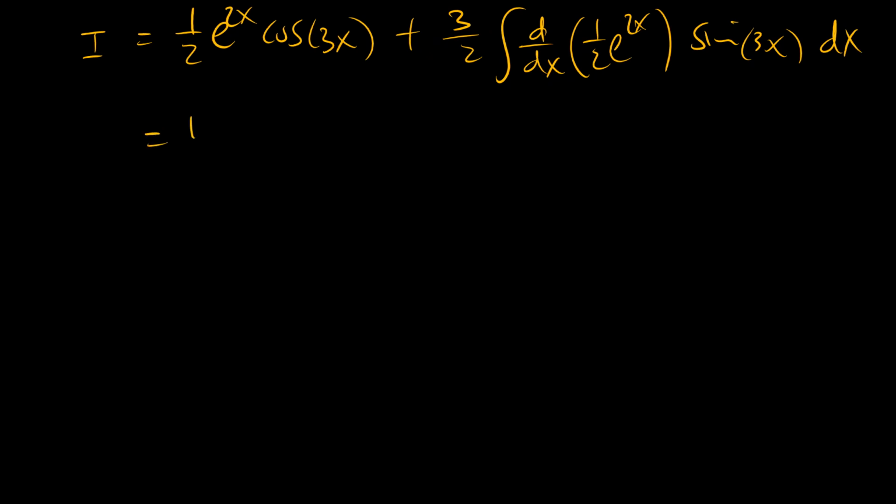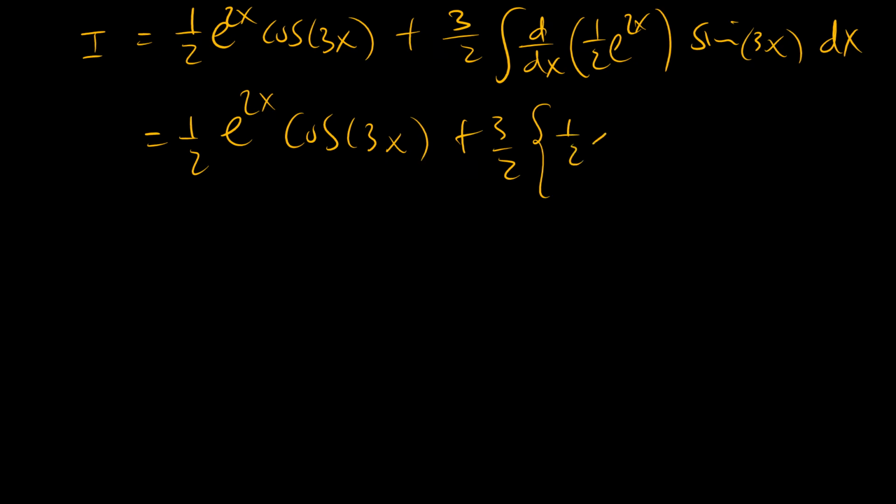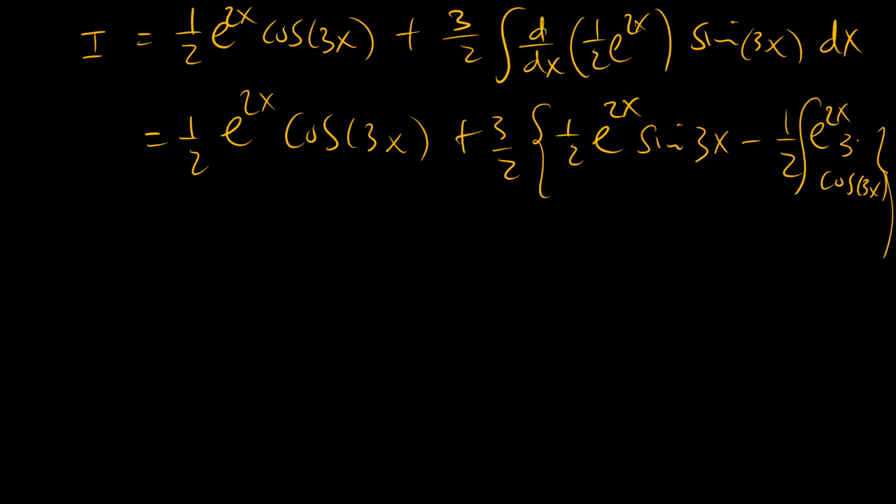Using integration by parts again, here we have a half e to the 2x sine 3x minus a half e to the 2x, derivative of sine 3x, we have 3 times cosine 3x dx.